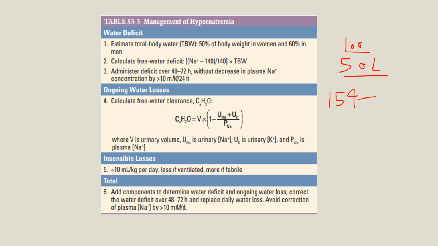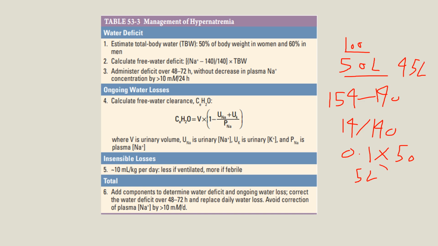So 154 minus 140, we have 14. 14 over 140 is 0.1, and 0.1 multiplied by 50 is 5 liters. So she now has 45 liters, and her deficit is 5 liters of water. Administration of the deficit should be done over 48 to 72 hours without a decrease in plasma sodium concentration of more than 10 millimoles per 24 hours.